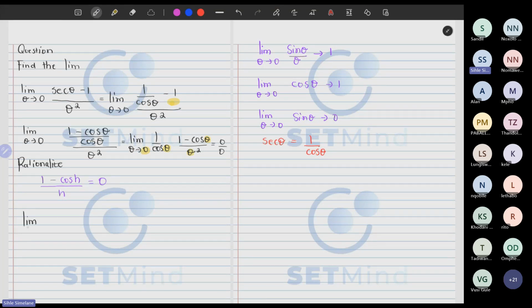So the limit, as theta approaches 0, 1 over cos theta, this is not a problem in any way. And then what we can have is 1 over theta multiplied by 1 minus cos theta over theta.